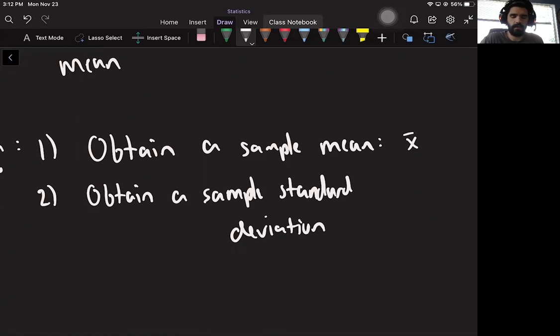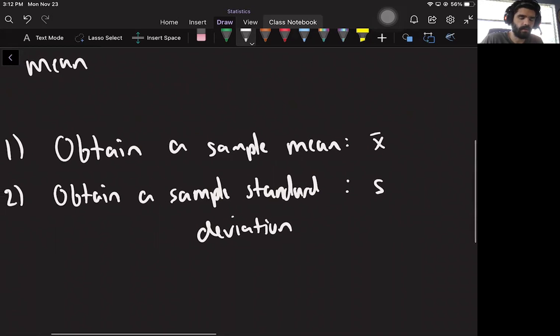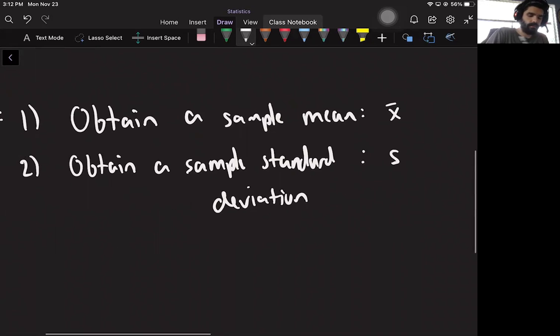It's a standard deviation of a bunch of data, calculated very similar to how we calculated standard deviation a very long time ago, but it's going to be called little s. And we'll see that it's a little bit different than what we're used to doing. The key is that it's a sample standard deviation, and that's why it's different from what we did before.